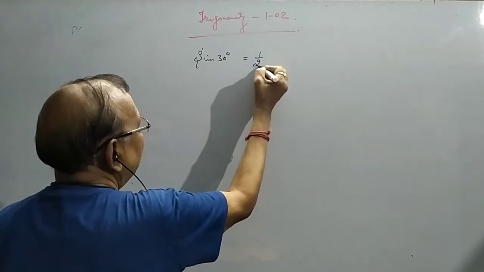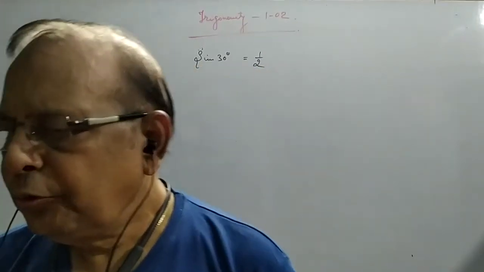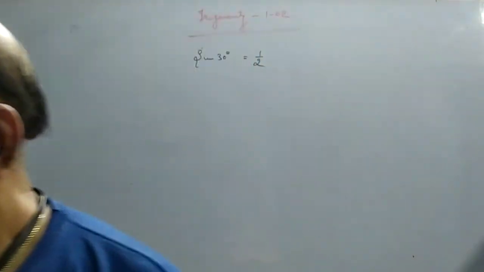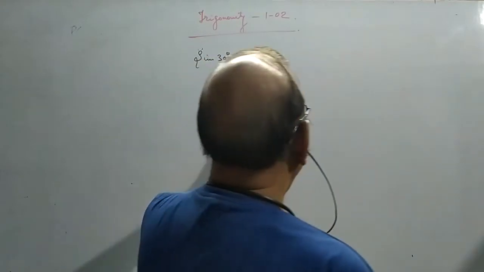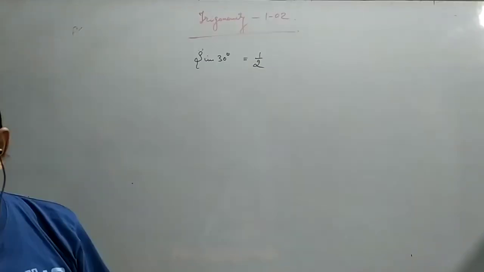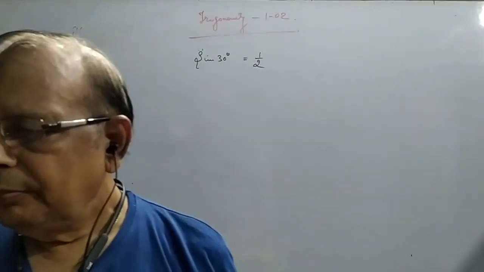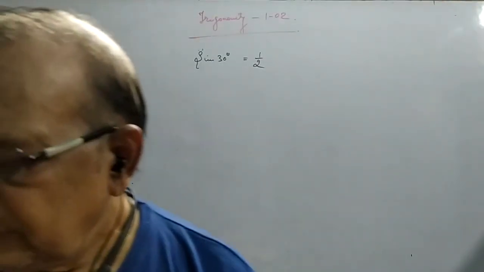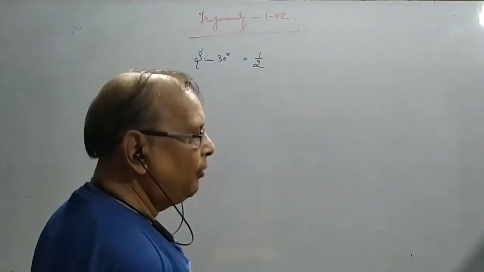That is 1 by 2, by consideration of tabular form. You may observe the table for trigonometrical ratio. You may make yourself and get the value of sin 30 degree as half.